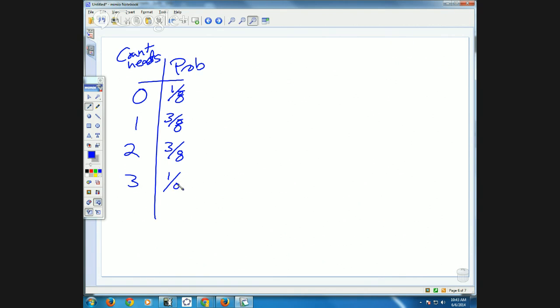Are there any other ways to get heads besides 0, 1, 2, or 3 in this scenario? Those are all the possible outcomes, simple outcomes. Is this a probability distribution? Yes. It adds up to 1. What adds up to 1? The probabilities add up to 1.